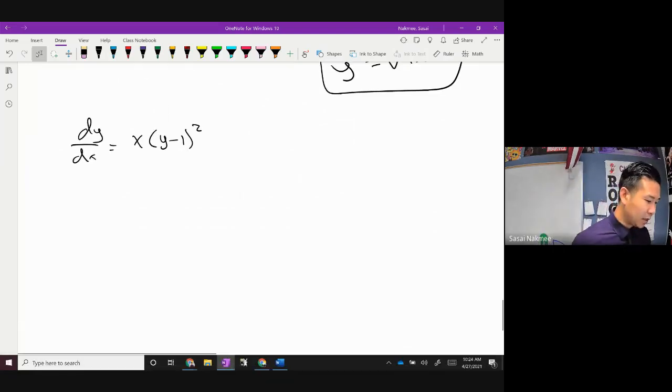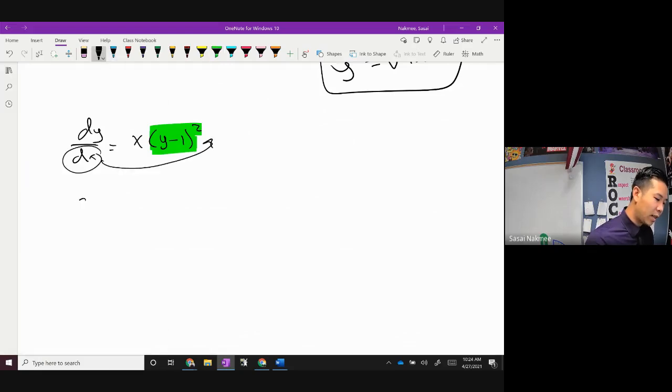And it is a little bit difficult on this one, but I'm hoping you see that y minus 1 squared is a term in itself, and I can just divide that whole term to the other side, and I can just multiply the dx over here. So I can rewrite this as dy is equal to x times y minus 1 squared dx, and then divide by that whole term that has the y in there to the other side.